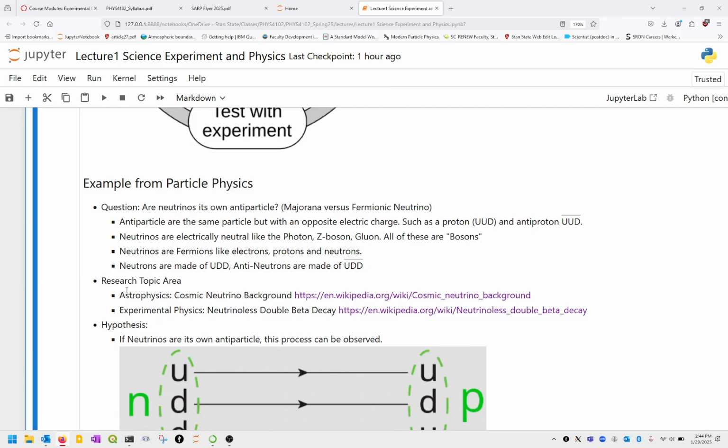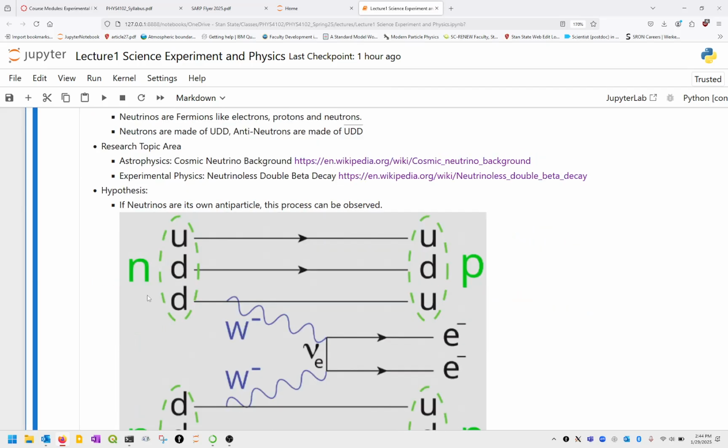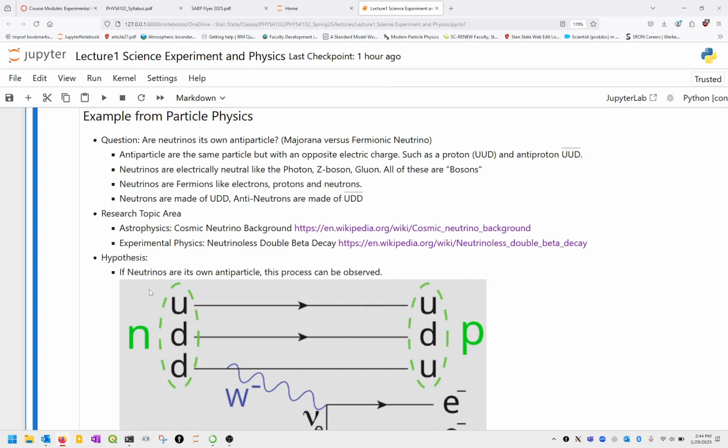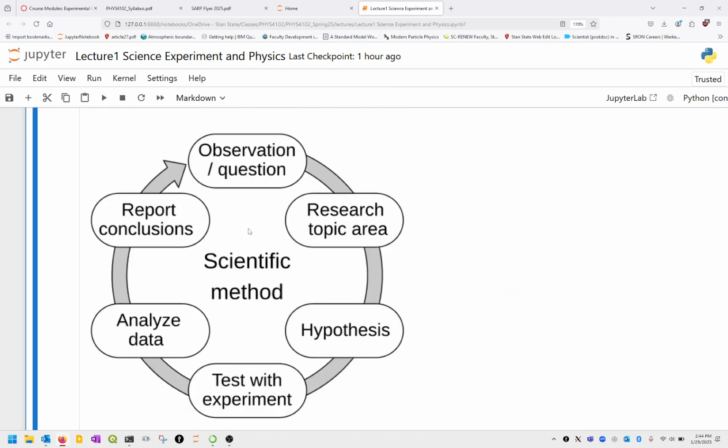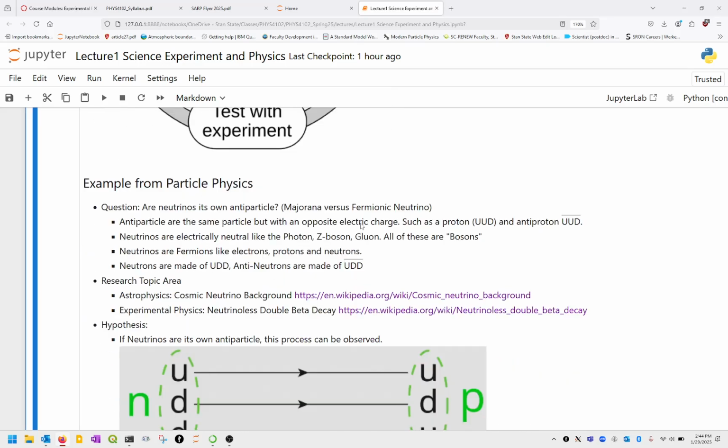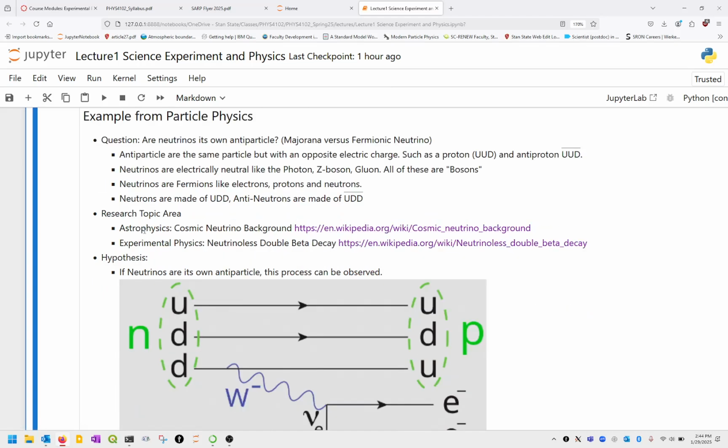Okay. For the research topic area, there are different ways to determine how to answer this question, right? So now we're in the second part of this box here. Okay. So for the research topic, we can do astrophysics on it, meaning you use something called the cosmic neutrino background. So instead of the cosmic microwave background, you detect neutrinos from early in the universe, and you can figure out whether or not they were made of particles versus antiparticles.